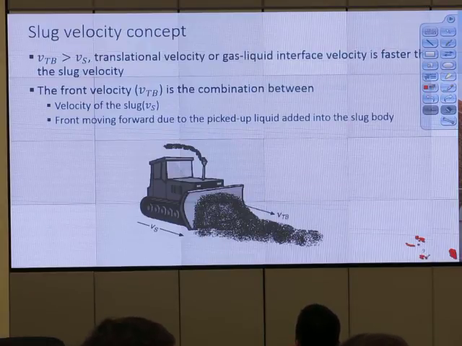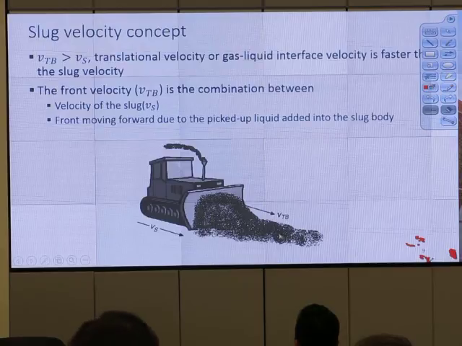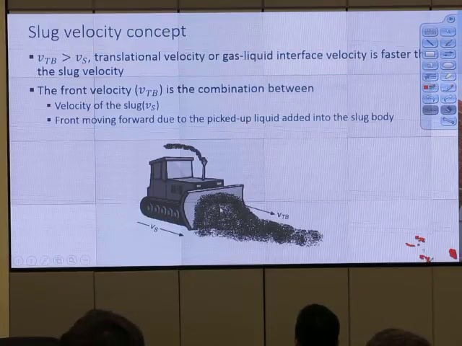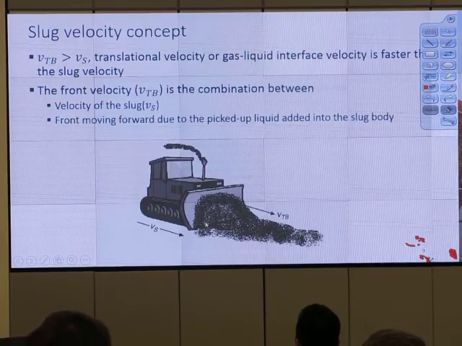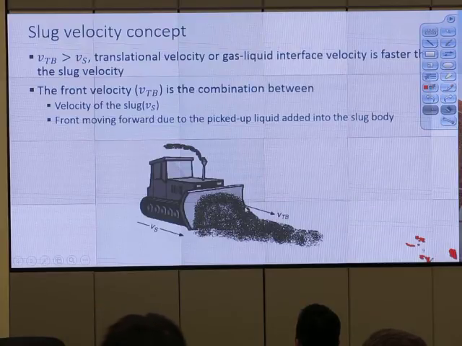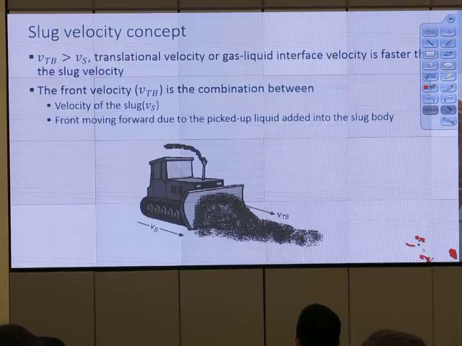But all those things in front of it move faster, at the speed of VTB, because all this dirt accumulates and bounces against each other. So the speed of the stuff picked up by this tractor is faster than the tractor. The tractor picks up some soil, some dirt, but the stuff in front of it moves faster than the tractor itself. That's the idea that you have seen in the lab already.